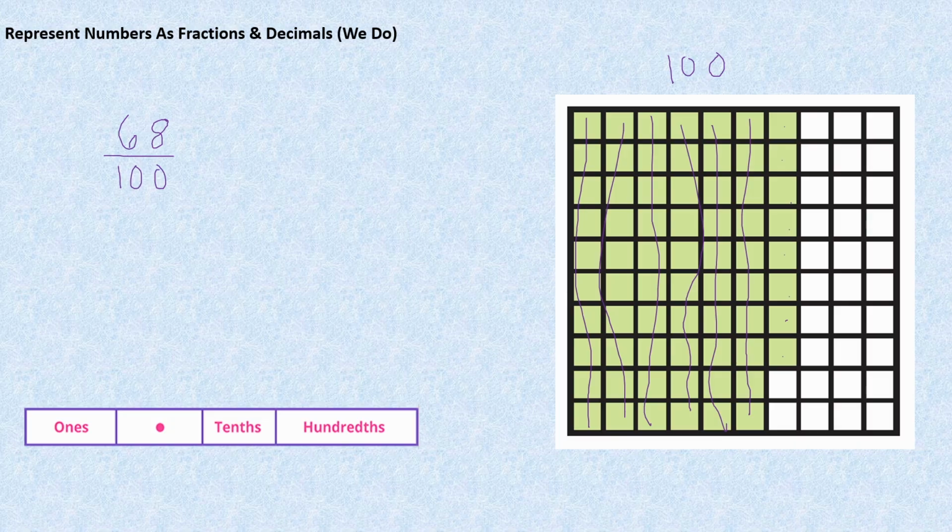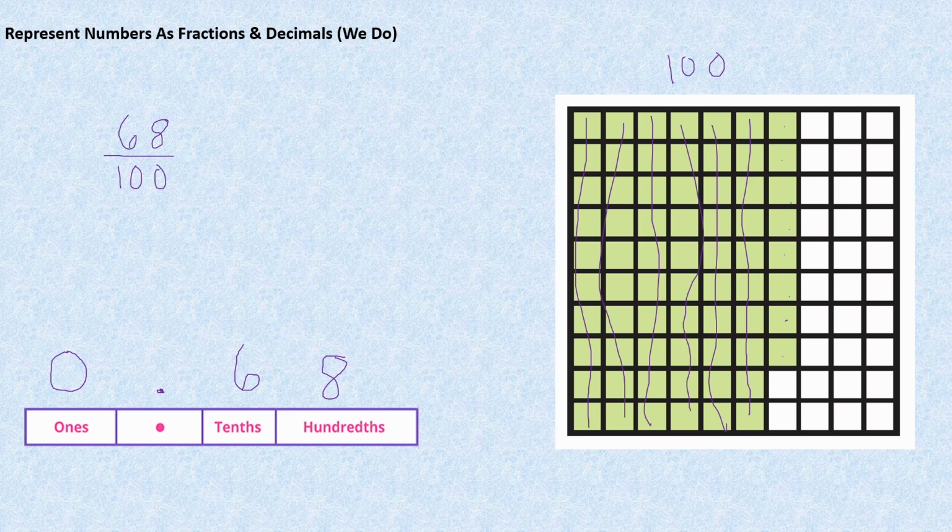Now let's create our decimal. So we have 0 whole numbers, then we have our decimal, and then we have 68 hundredths, okay, because it's divided into 100 pieces. So whenever we say the decimal, we say the last place value at the end.